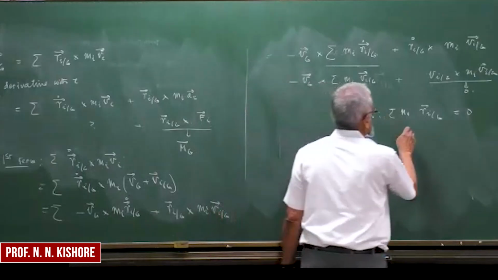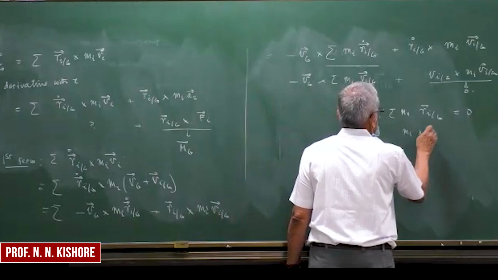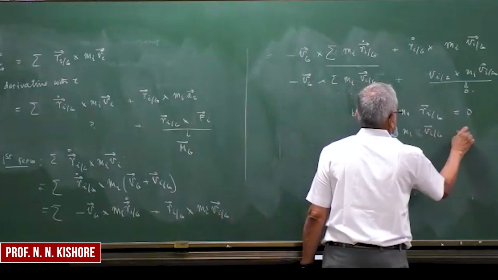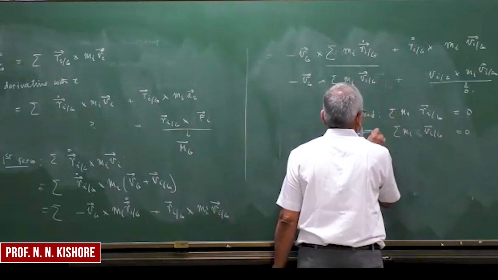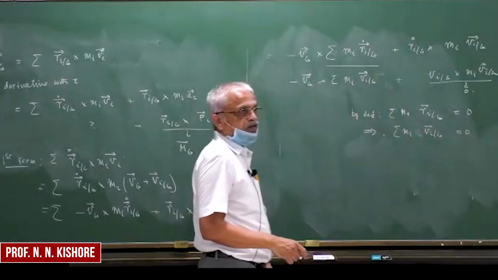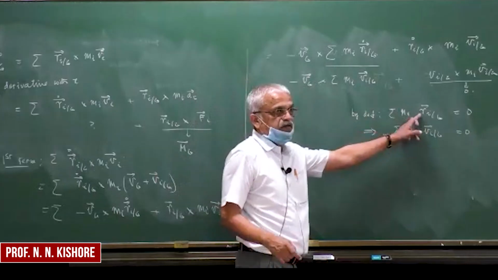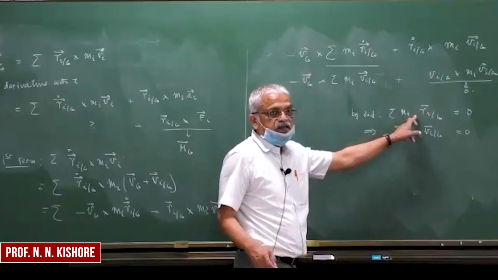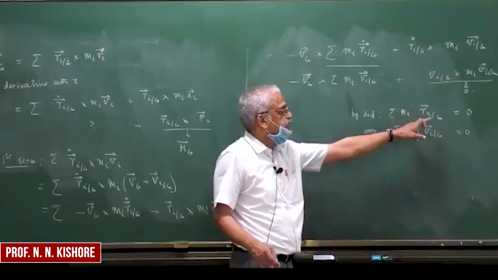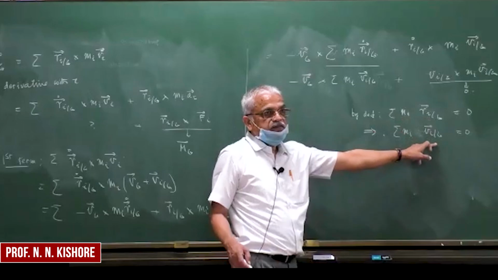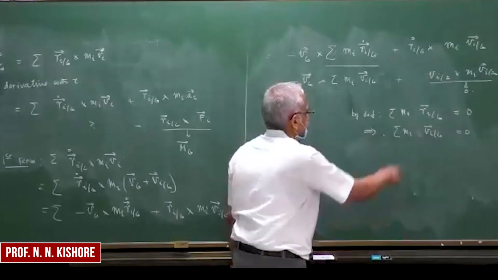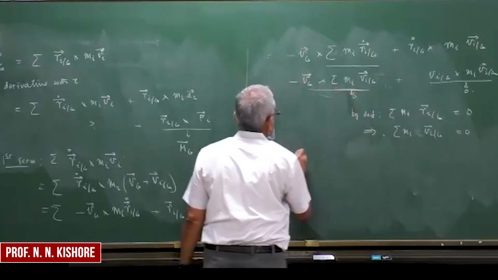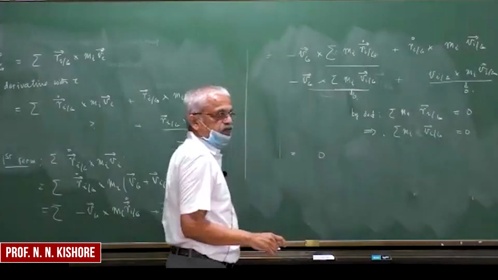So if you do that, one differentiation. Find the center of mass G about G is 0. So similarly, the velocity is also 0. So differentiation, this becomes 0 and totally it's 0.